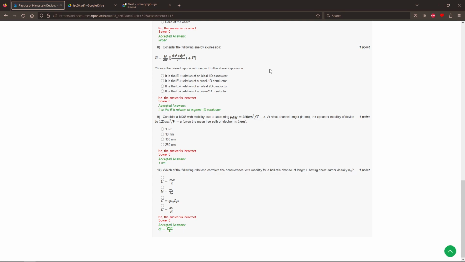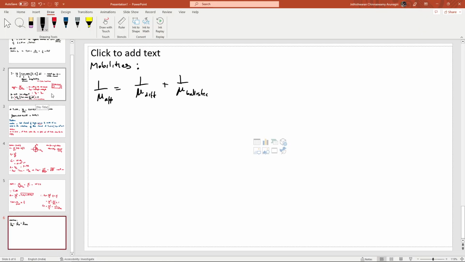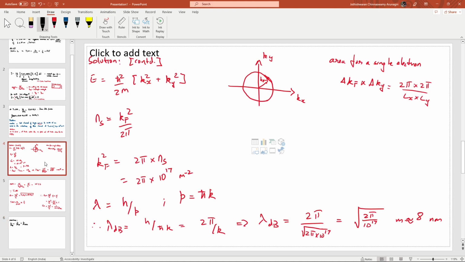Typically, when we have short channel devices where the mean free path is larger, let us go back to the previous example that we considered. I know the Debye wavelength is not a good approximation for the mean free path, but it is a good estimate. In this case, we know that the electron wavelength is around 8 nanometers.